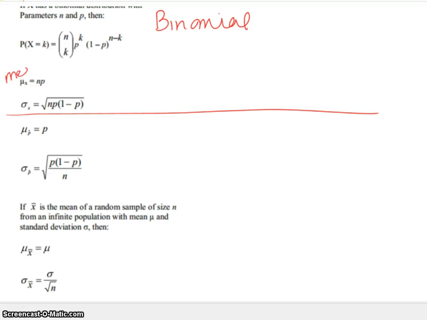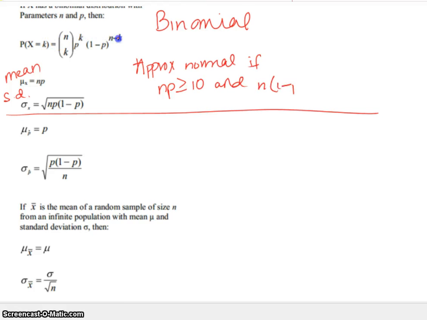This was the mean, and this was the standard deviation. And that this whole thing was approximately normal if n times p was greater than or equal to 10 and n times 1 minus p was greater than or equal to 10. That was the only way we could use the normal approximation.